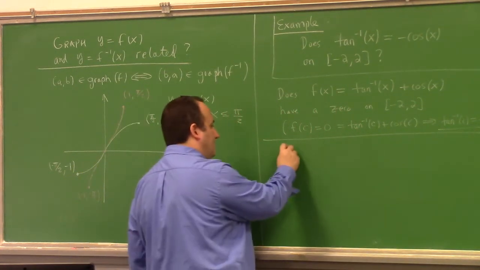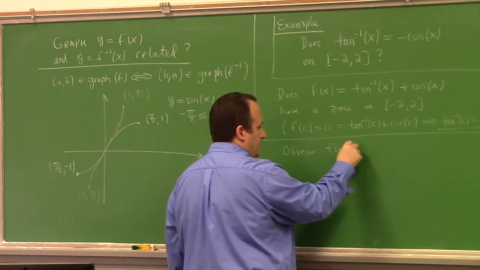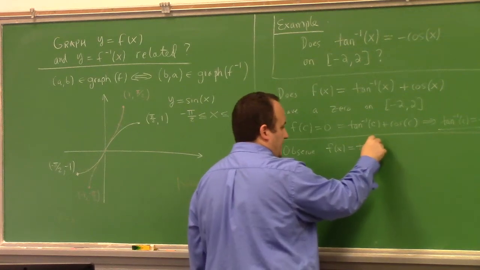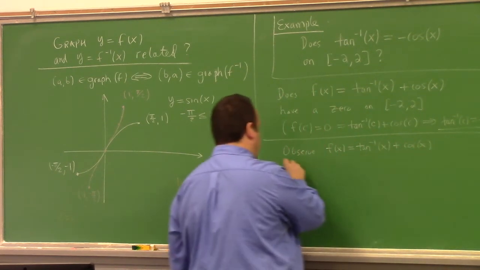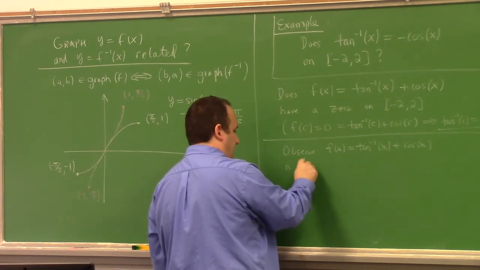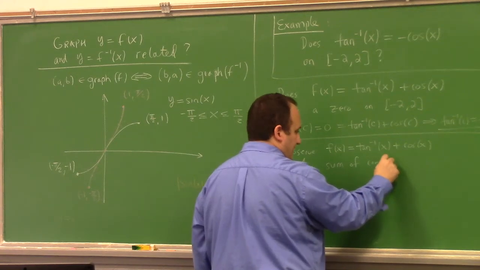Okay, so observe f of x equal to inverse tangent of x plus cosine of x is the sum of continuous functions.